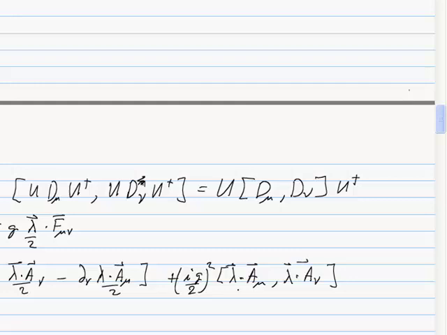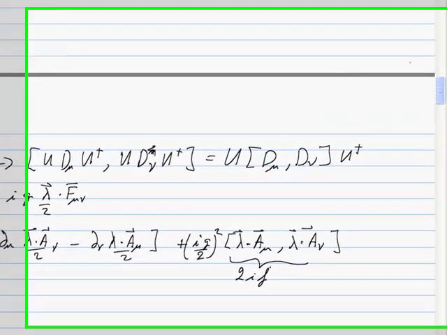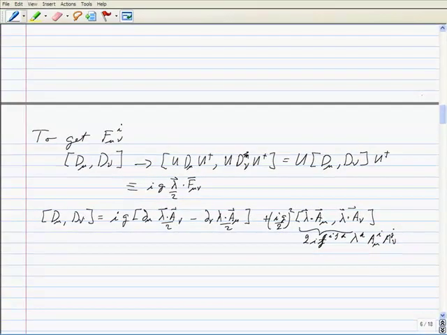Again, those things don't commute because they have different indices on them. So we write this as 2i fijk λk Aiμ Ajν. And this lets us pull out Fiμν.